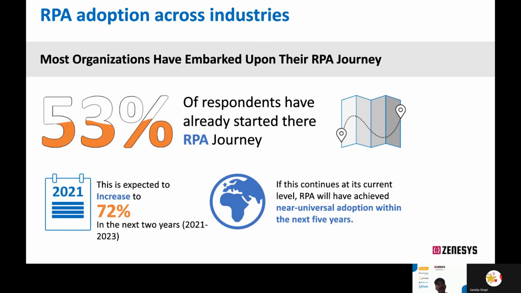And in the upcoming 2 years, that's 2021, 2022, by I would say the start of 2023, it is expected that this would increase to 72%. And if it continues to happen in the next 5 years, everything would be digitized. So this is a survey.